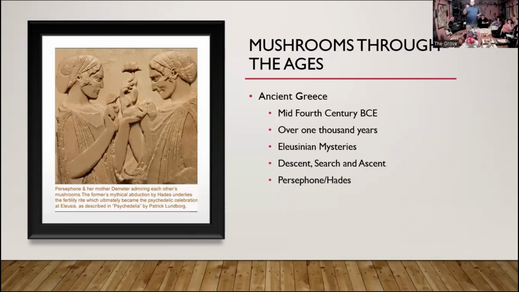And one of the ones you can see in the artwork here, which is the most common myth, is that when Persephone was stolen by Hades, it doomed the crops, and one of the things impacted by it was the mushroom, which represented the descent, the search, and the ascent from the myth.